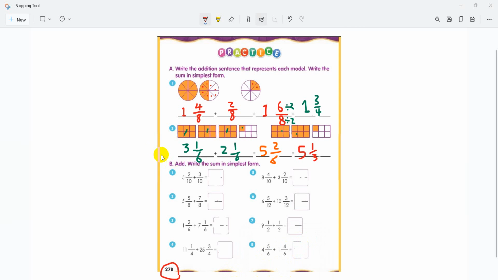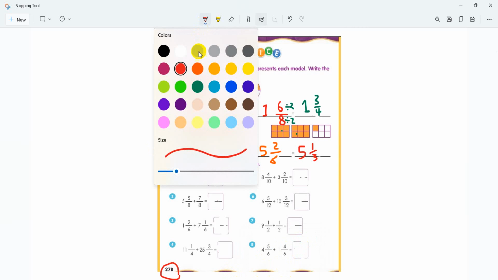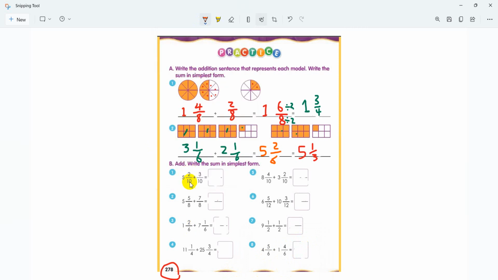Let's complete number B and write the sum in the simplest form. Number 1, we have 5 and 2 tenths plus 3 tenths. Now it's 5. What about 2 tenths and 3 tenths? They are 5 tenths.